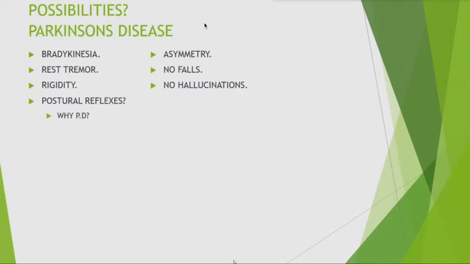Okay. So you had a clue. This is Parkinson's disease. There are two negative things: no falls, no hallucinations, and postural reflexes may appear later on. Okay, sir, how do you analyze a case of tremor? On examination, look for other features like titubation of head.